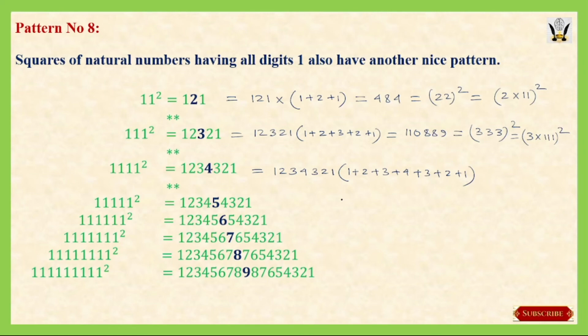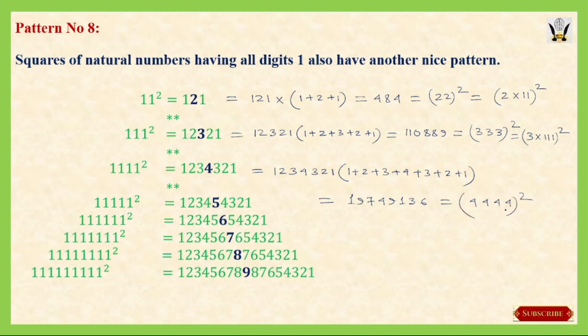When this number is multiplied by 16, the result of the multiplication will be 19749136, and this is again a perfect square, the square of 4444.